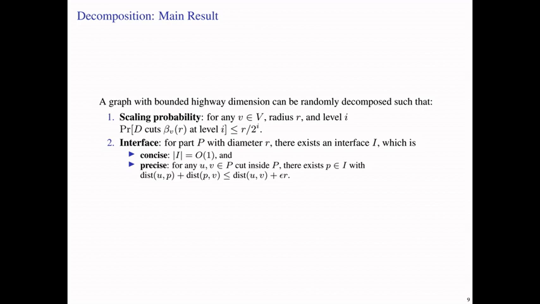And for the interface, for a part P with diameter R, there exists an interface I, which is, we say, concise, constant size, and precise, meaning that the detour incurred to go through the interface to connect vertices that are cut inside P is epsilon R, epsilon times the diameter. That's our main decomposition, that's our main result.